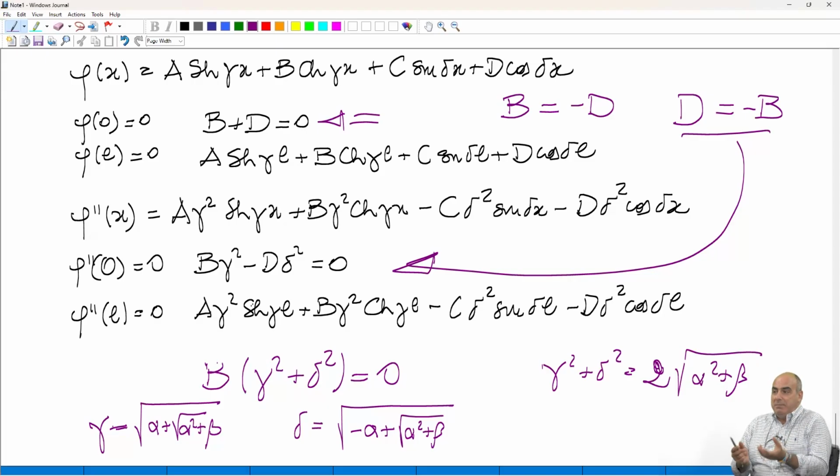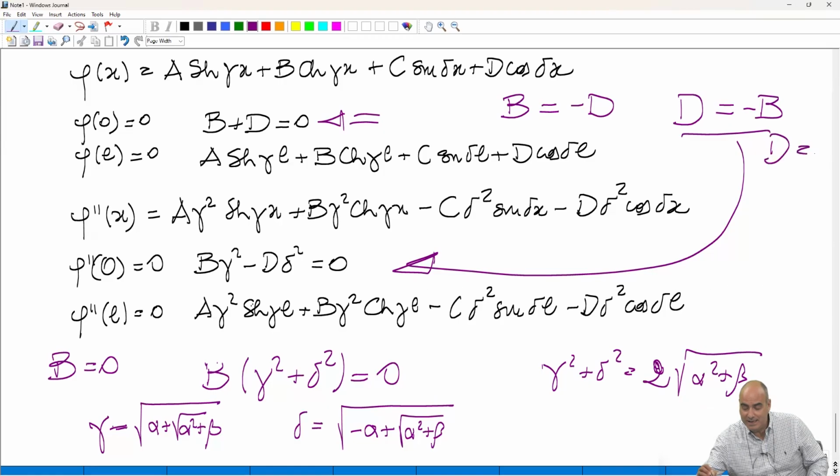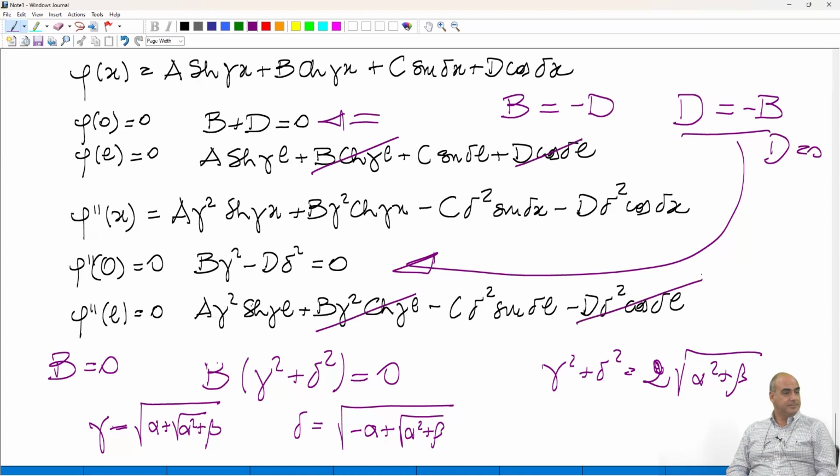If they are zero, it means that the beam does not exist. So the only possibility that you have here is that B is equal to zero. But if B is equal to zero, also D is equal to zero. And it means that here you cancel this, you cancel this, you cancel this, and you cancel this.